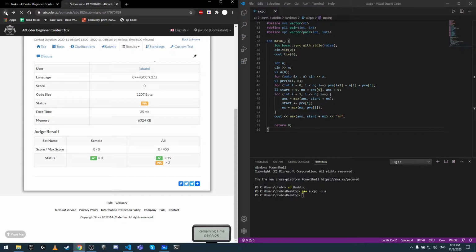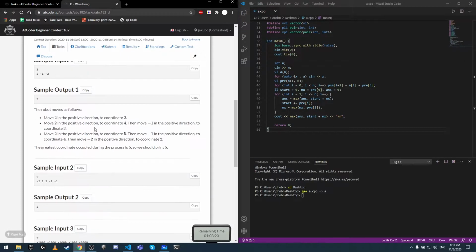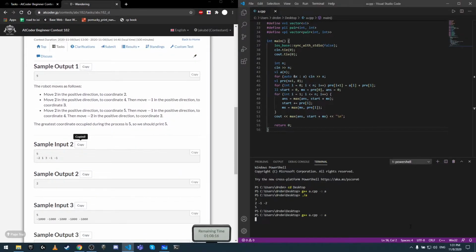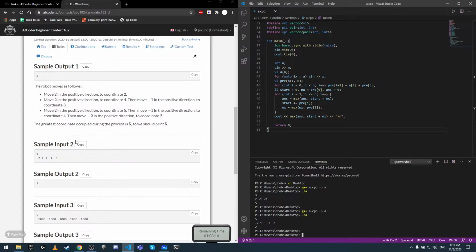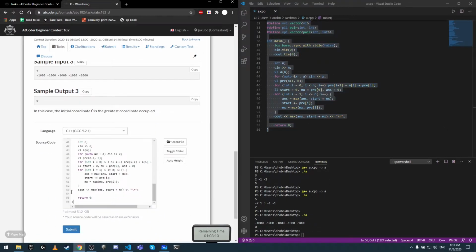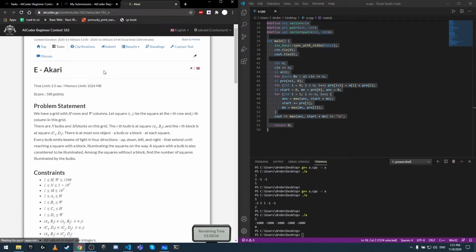Okay, I forgot about that, but it worked. That's interesting. I didn't think it would work. Kind of sucks, I didn't think about that edge case, but whatever. Okay, this should pass, so let's look at problem E now.